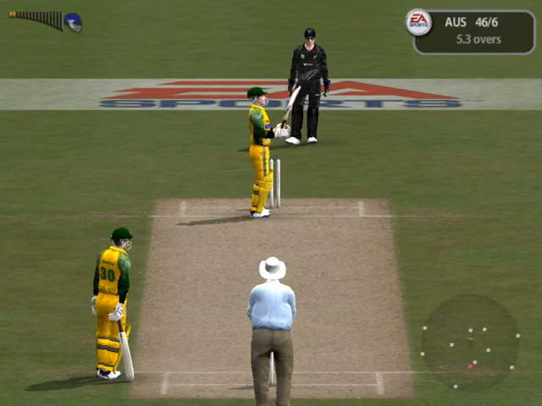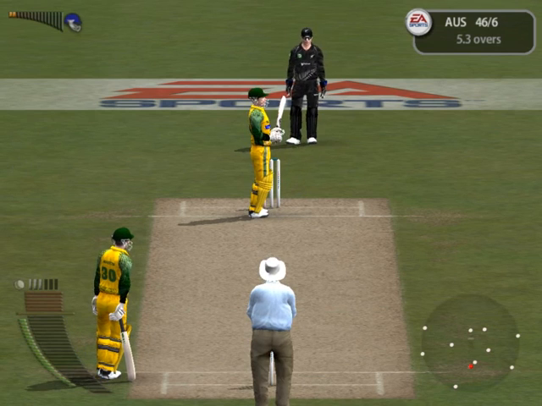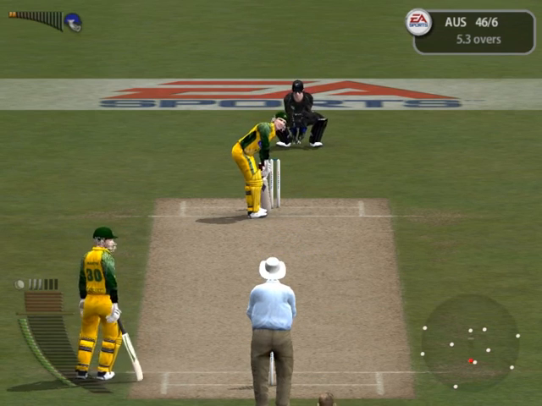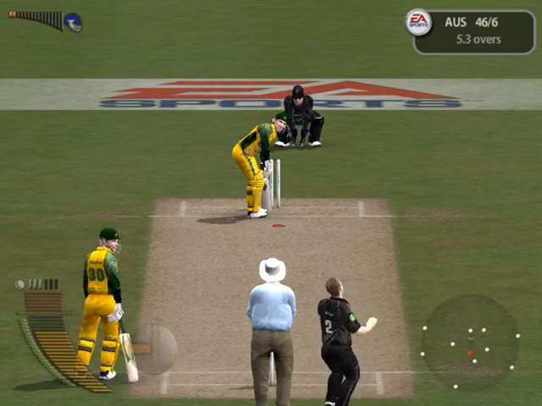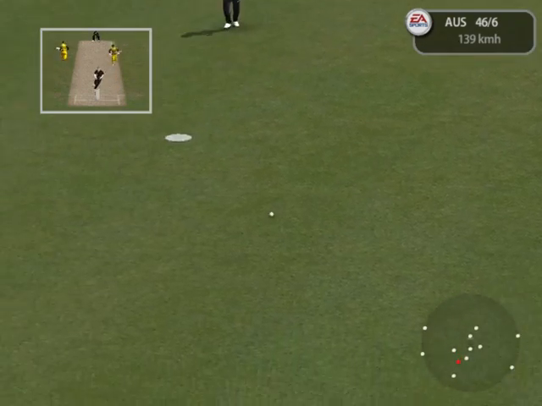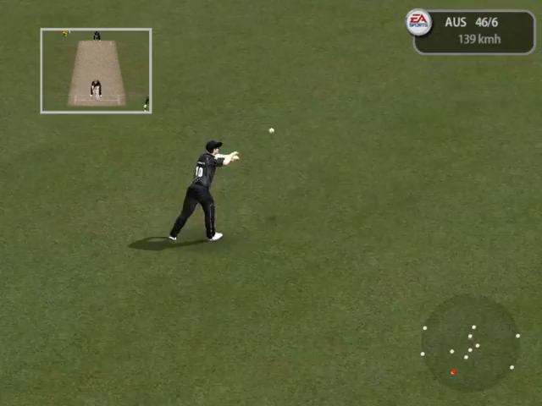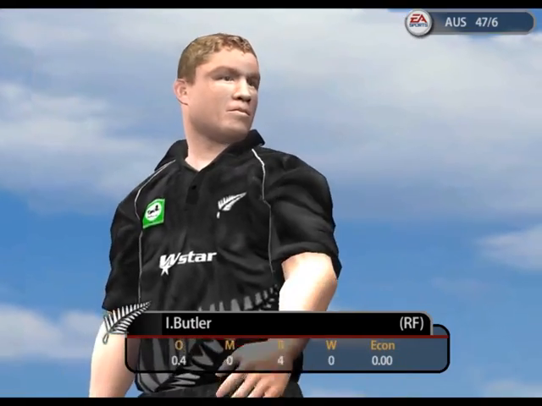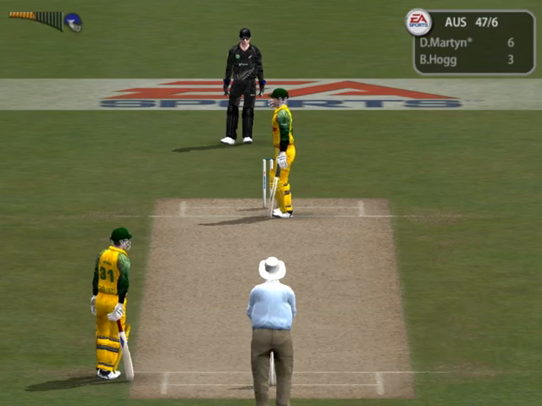Hogg waiting at the striker's end. Steered expertly into the gap. McMillan got it long on. It's just one there. Butler to Martin.